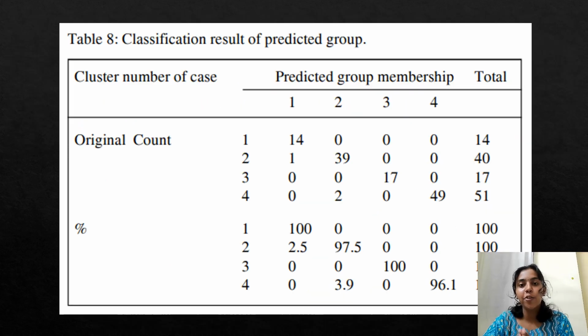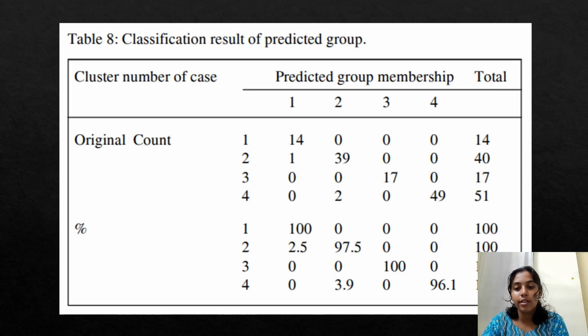The classification result of predicted group says about the misclassification and the correct classification of PGNP accessions in the four groups, that is four clusters. In the first group, the 14 accessions are 100% correctly classified, and in the second group they are classified 97.5% correctly, and one accession, that is 2.5%, is misplaced into the first group.